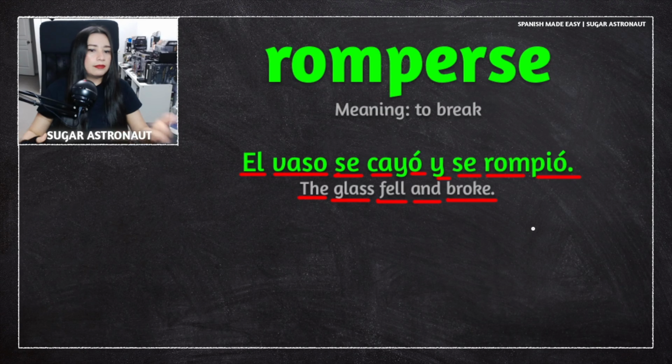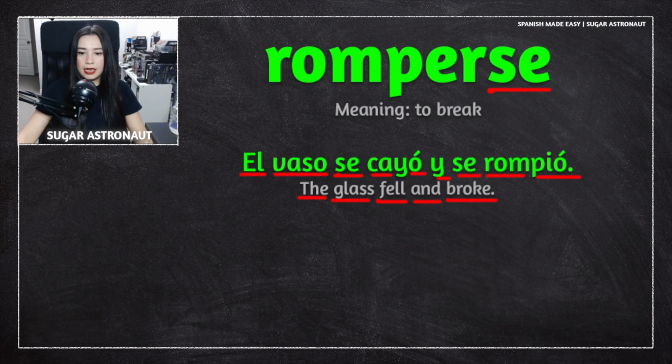Se rompió, broke. El vaso se cayó, the glass fell. Y se rompió, and broke, okay? So just keep that in mind. Romper can be used as a reflexive verb, and it means to break. So just pay attention to this little thing in the future.